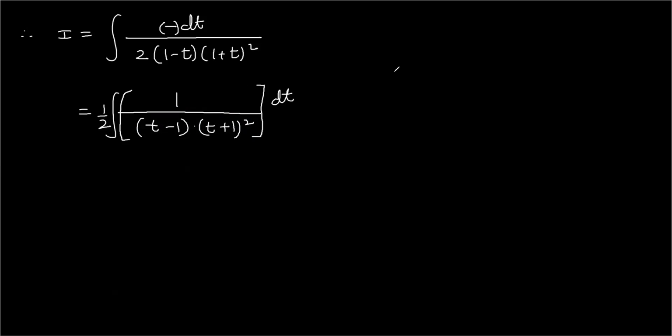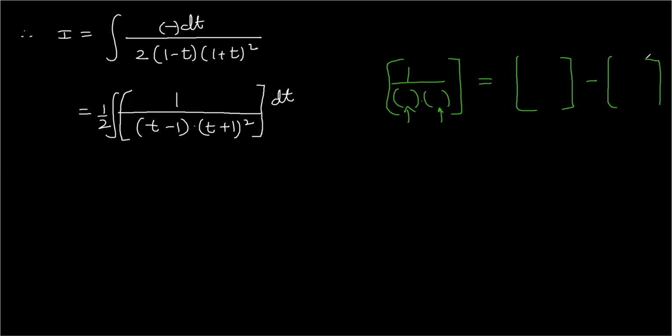For those who do not remember what partial fraction was, I will help you out. In partial fraction, when we had a fraction where the denominator had a number of factors, we wrote one single fraction as a sum or difference of two or more fractions, depending on how many factors we have.